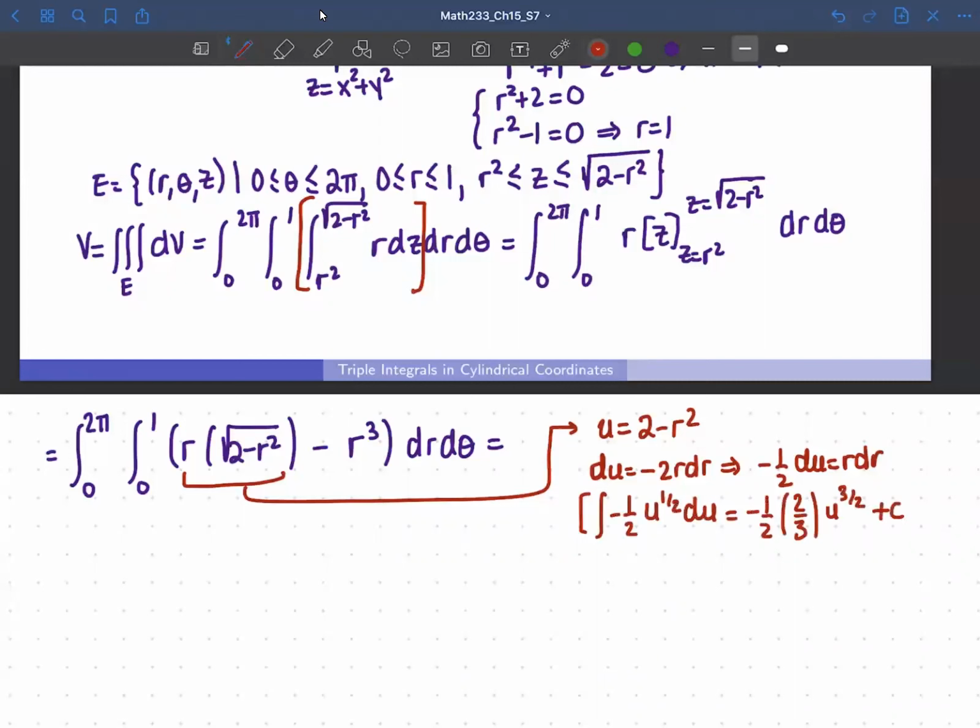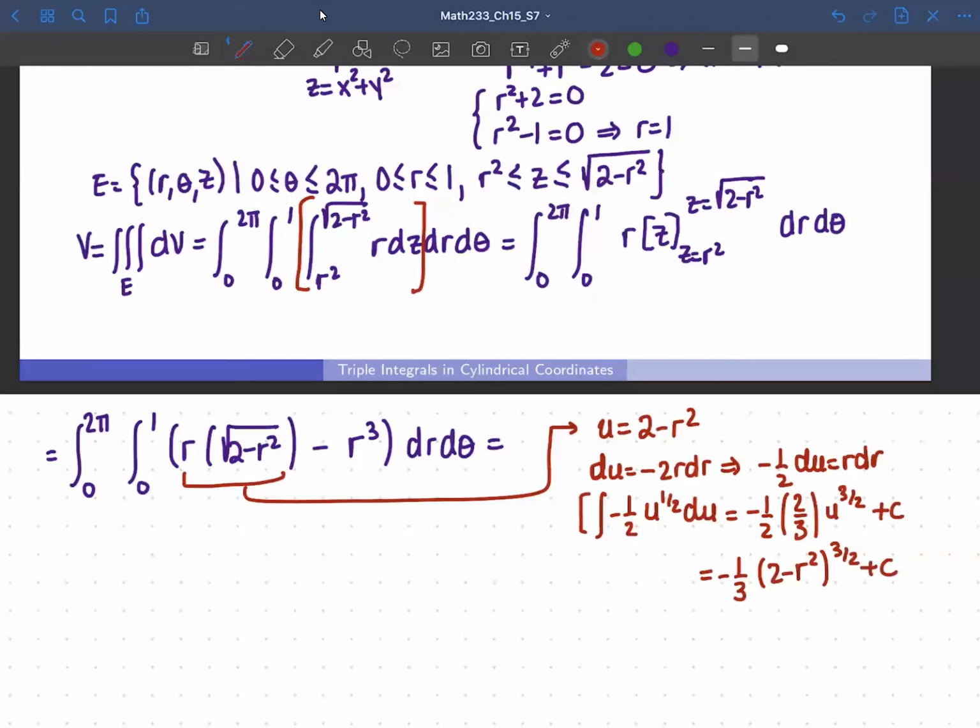And if we simplify, we'll have negative 1/3, from the negative 1/2 times 2/3, times u to the 3/2, which is equal to (2 minus r squared) to the 3/2 plus c.